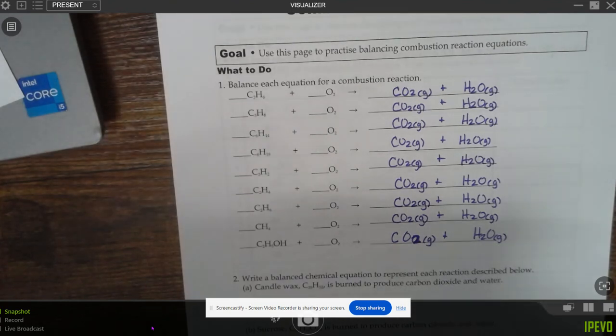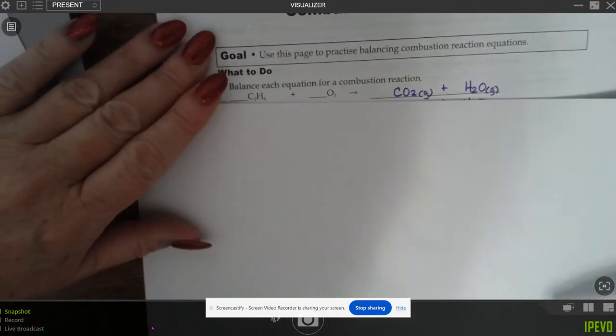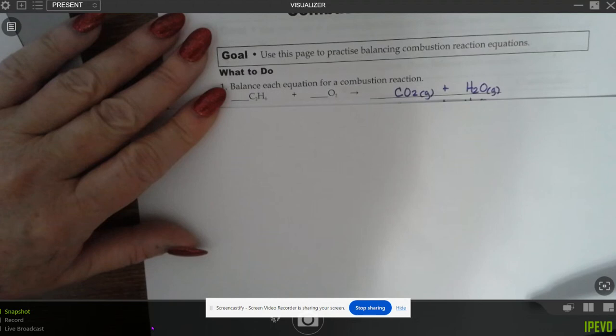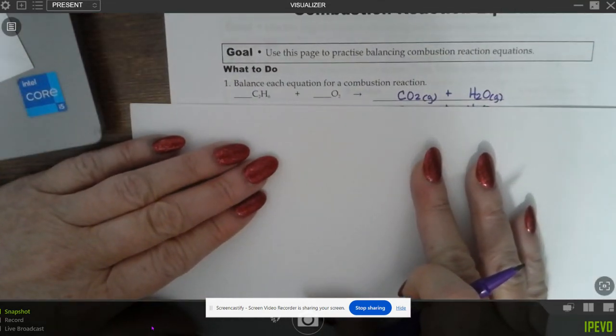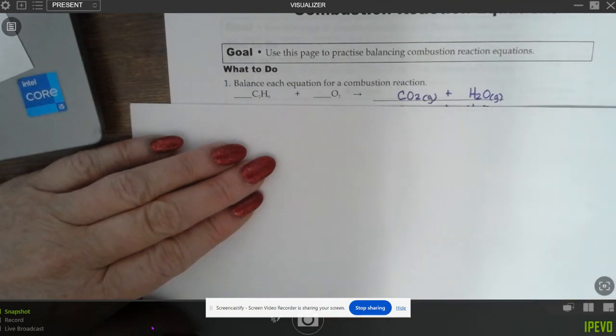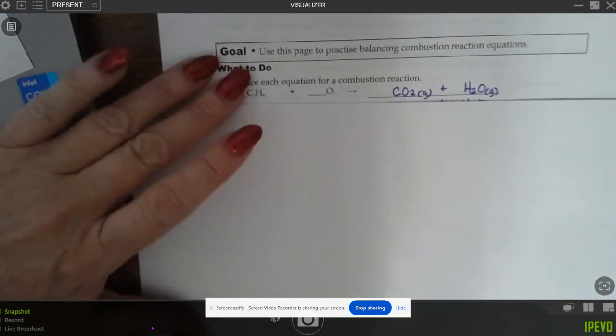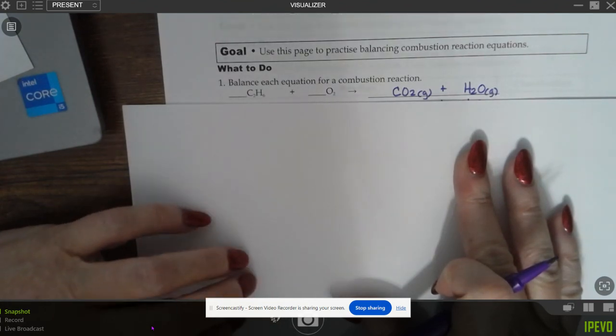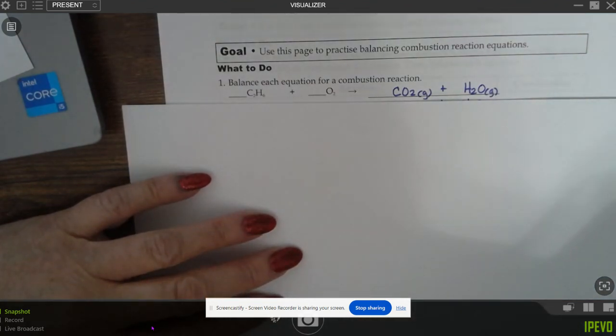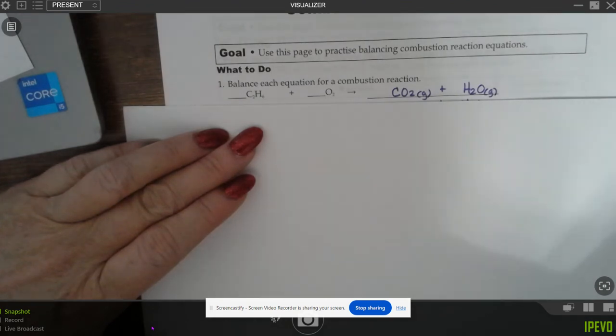Okay, now balancing these, and I'm gonna show you 2 ways that we can balance. These are hard to balance using the modeling method, but I'm going to do that with this first one, okay?